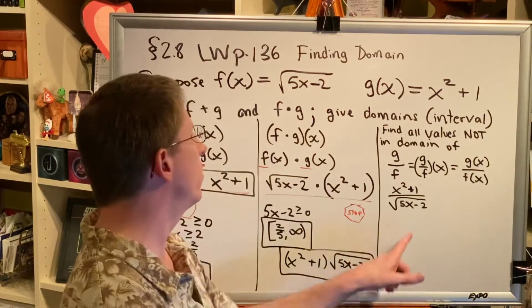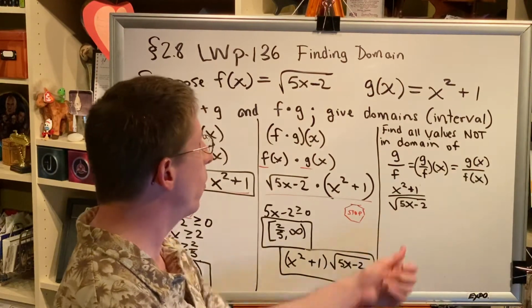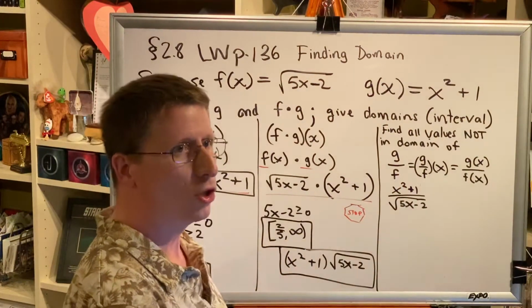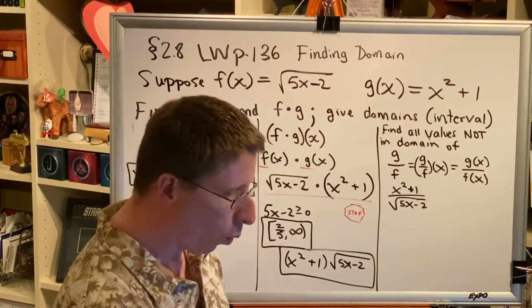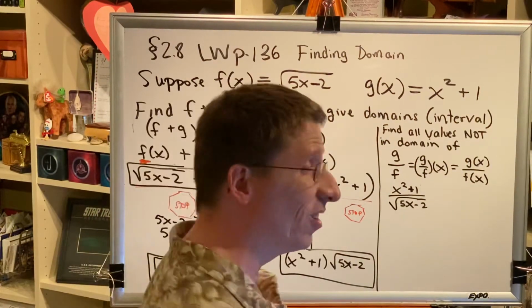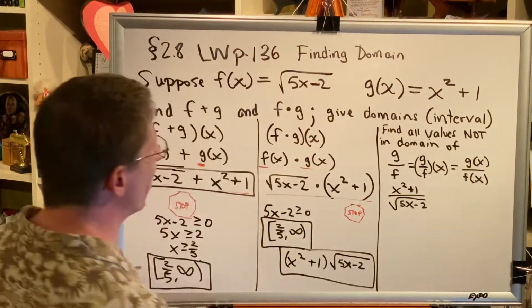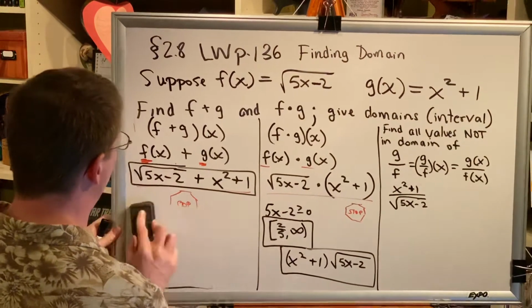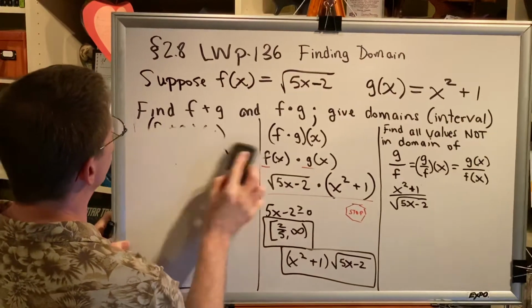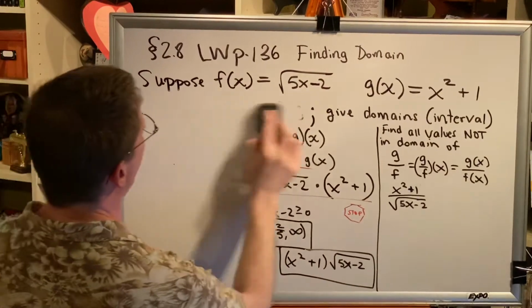Another way to answer this is to identify what are the things that we are not allowed to do in this problem and then put them together. The wording on this is not ideal, in my opinion. It seems unnecessary to ask what are the elements that are not in the domain. But we'll answer the question the way it was asked.